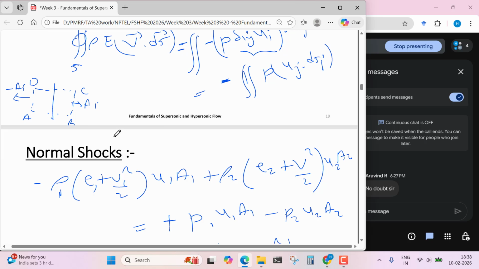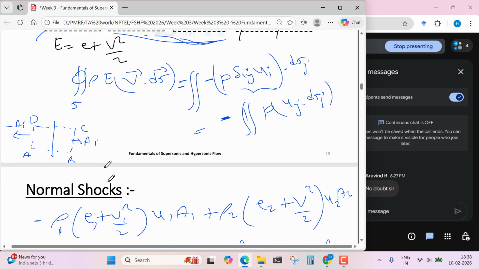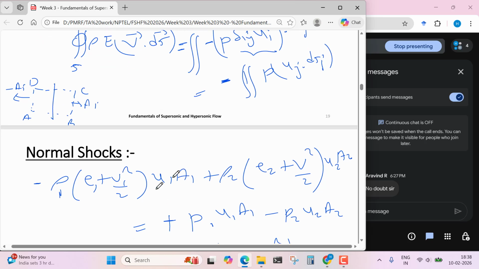So for surface AD, this V dot dS I have directly written here. So we are getting rho 1 into e1 plus V1 square upon 2, I have substituted the value of E, into U1AI, plus for surface BC it is rho 2 into e2 plus V2 square upon 2 into U2 A2.